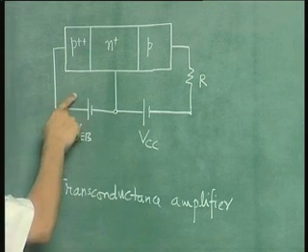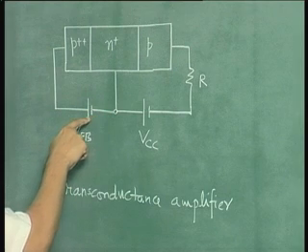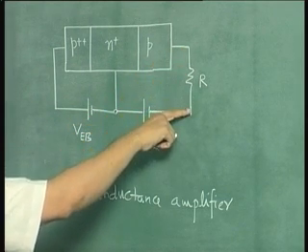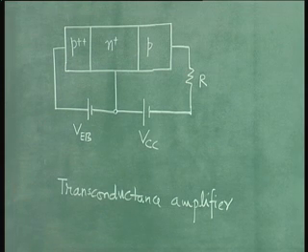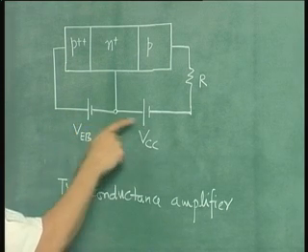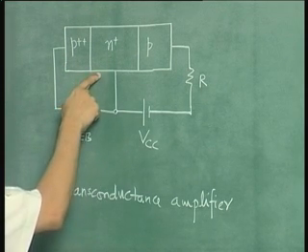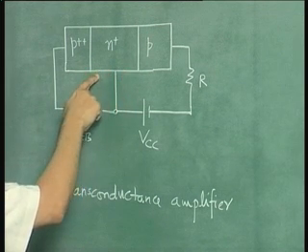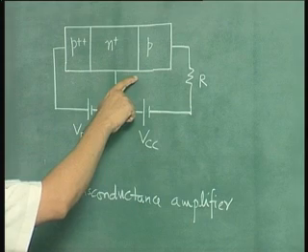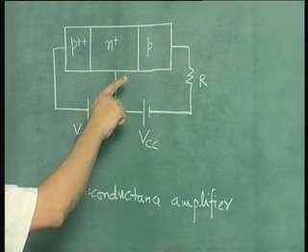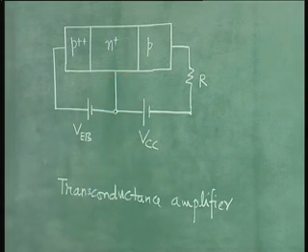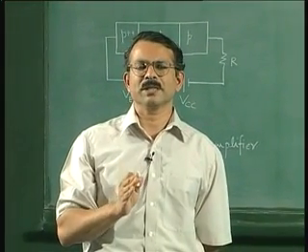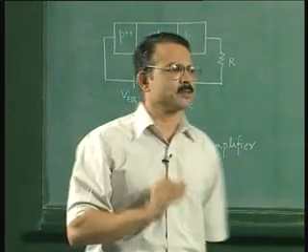Here the emitter base voltage is applied and a resistance is included in the collector lead in series with a power supply. The polarities of these two power supplies are such that the emitter base junction is forward biased and the collector junction, which is very close to the emitter base junction, is reverse biased, or at most zero biased. We have explained already that you cannot forward bias the collector base junction because then the transistor action is destroyed.